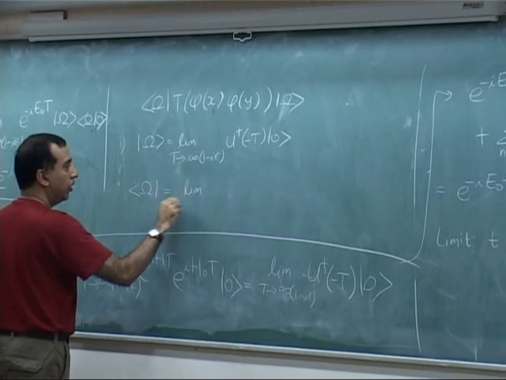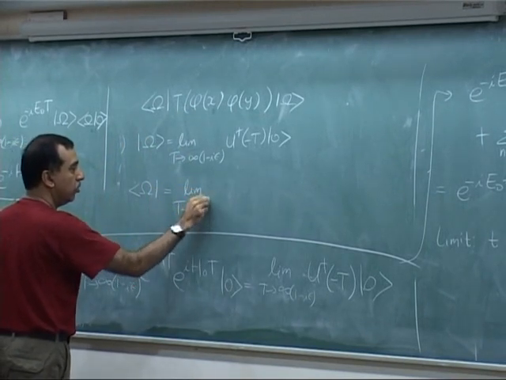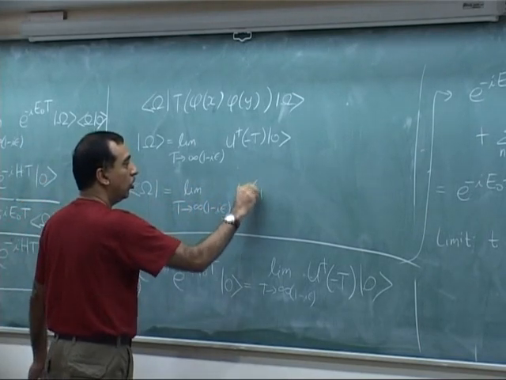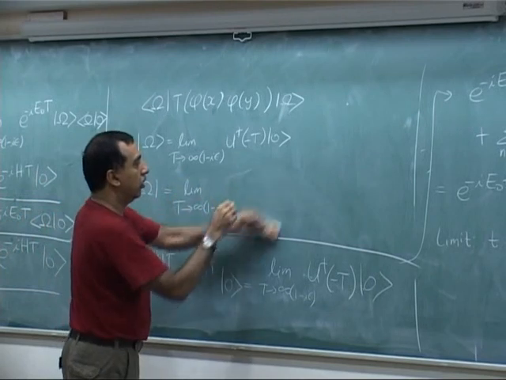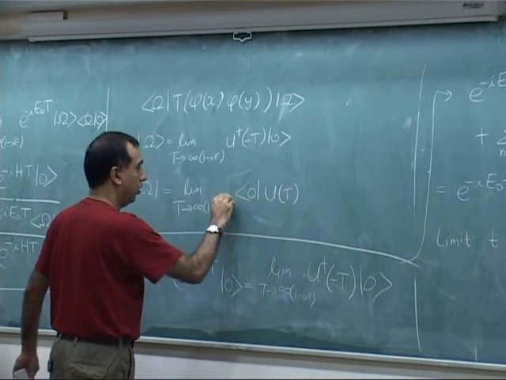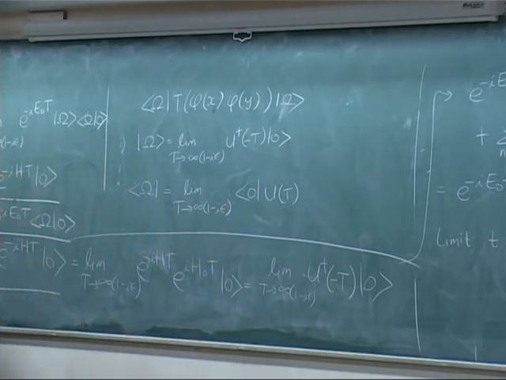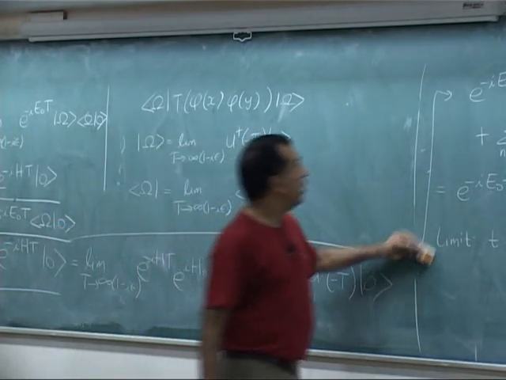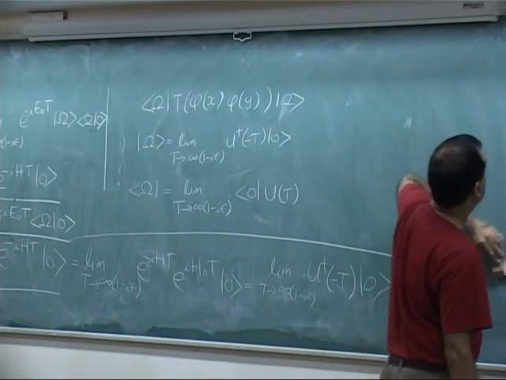This is the limit as T goes to infinity of 1 minus i epsilon, U of T on |0>. This is very easy to convince yourself of. And now with these two facts, we can write out the quantity of interest to us.